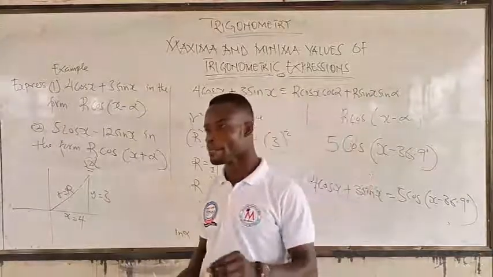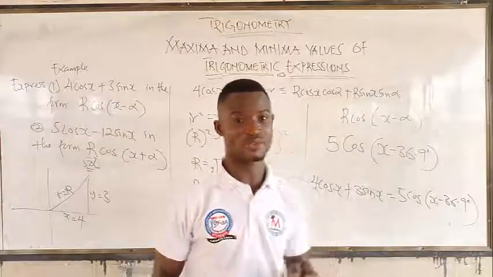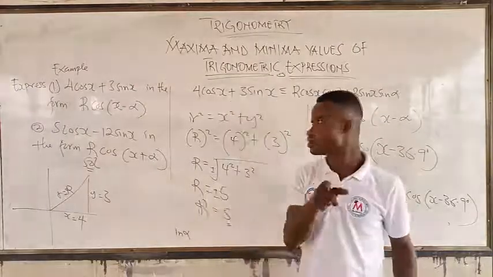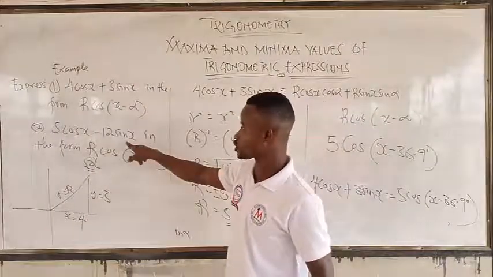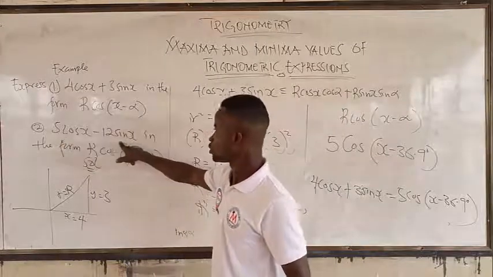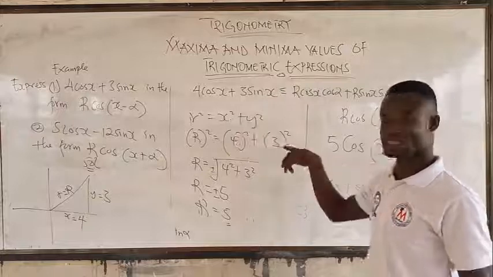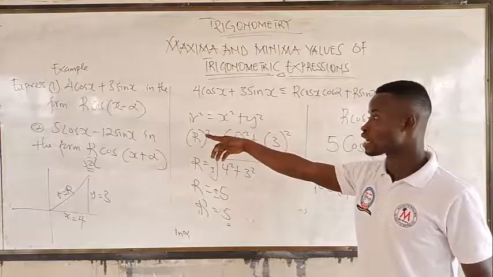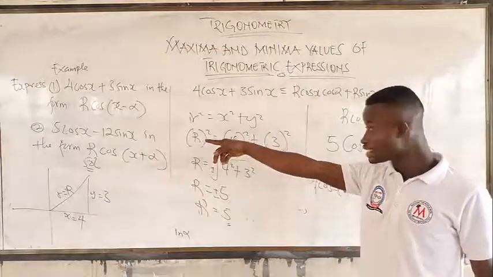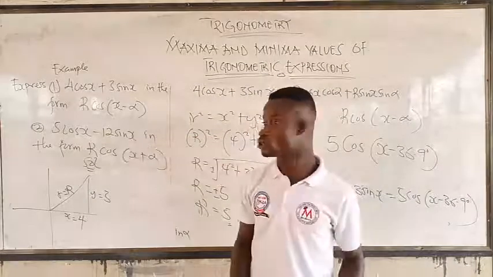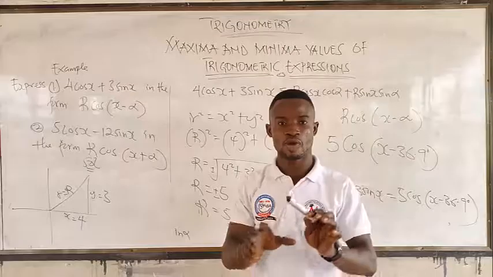Also, I would like to advise you that sometimes you can be given this to sketch. You can be given 5 cos x minus 12 sin x to sketch. In this form, you can't sketch it, so you need to express it.